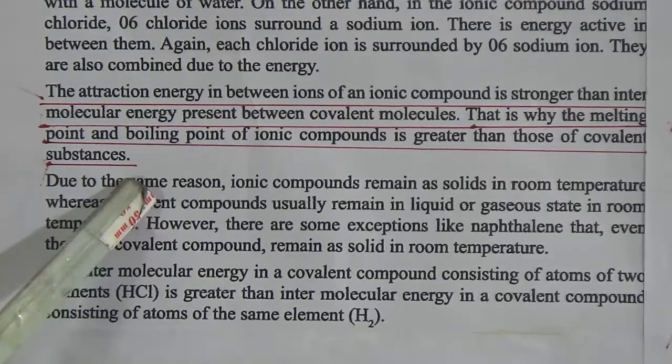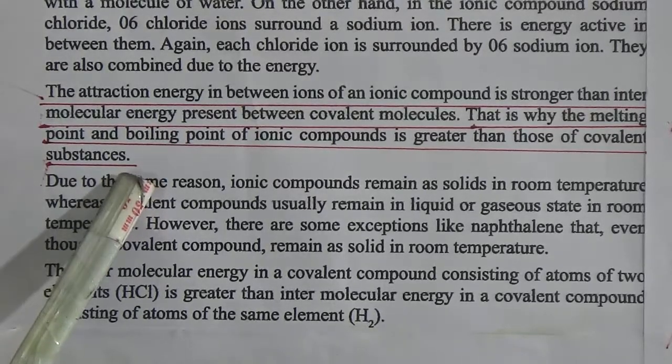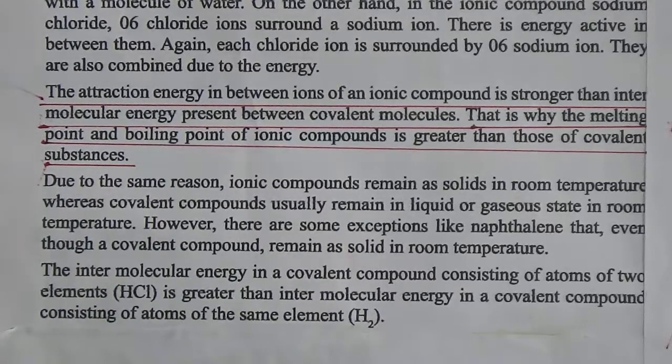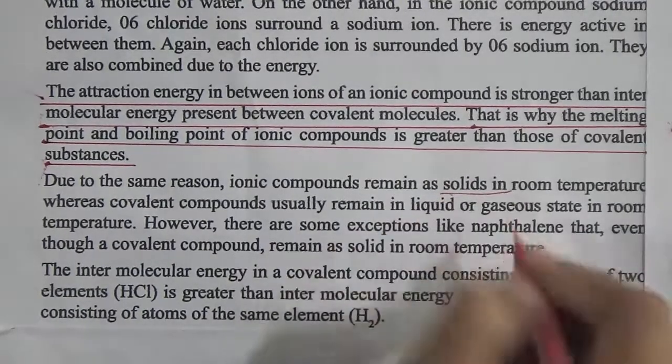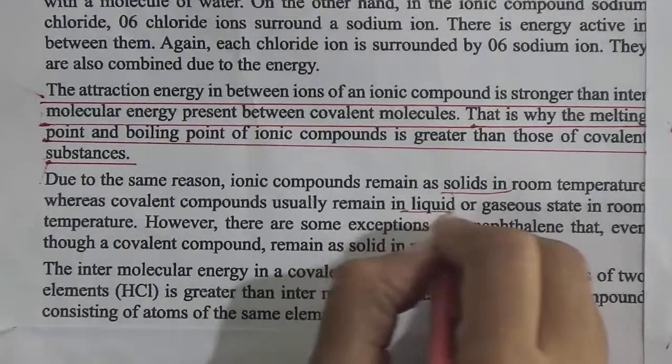Their melting and boiling points are too high because of their bond, and that's why they remain solid at room temperature. On the other hand, covalent compounds usually remain liquid or gaseous at room temperature.